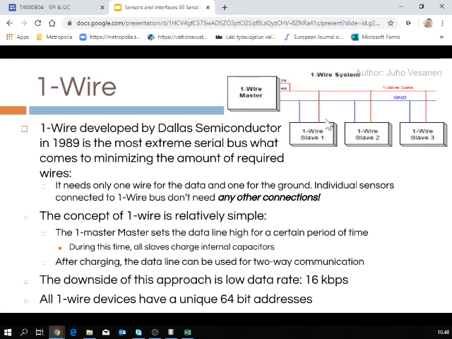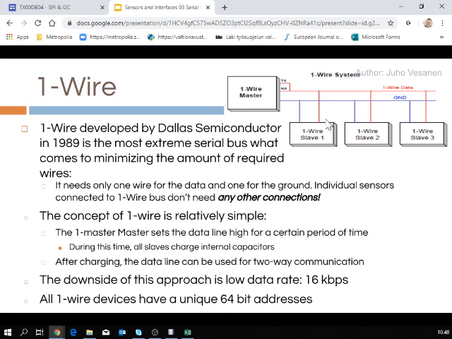These are typically very low power devices, and they can actually generate their power from the data line. In standby mode they usually draw less than 1 milliamp of current, so very low power devices.